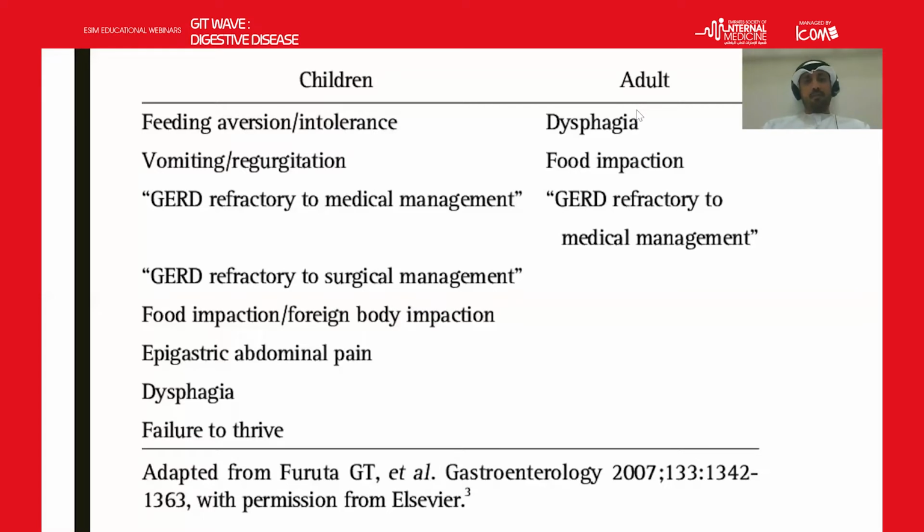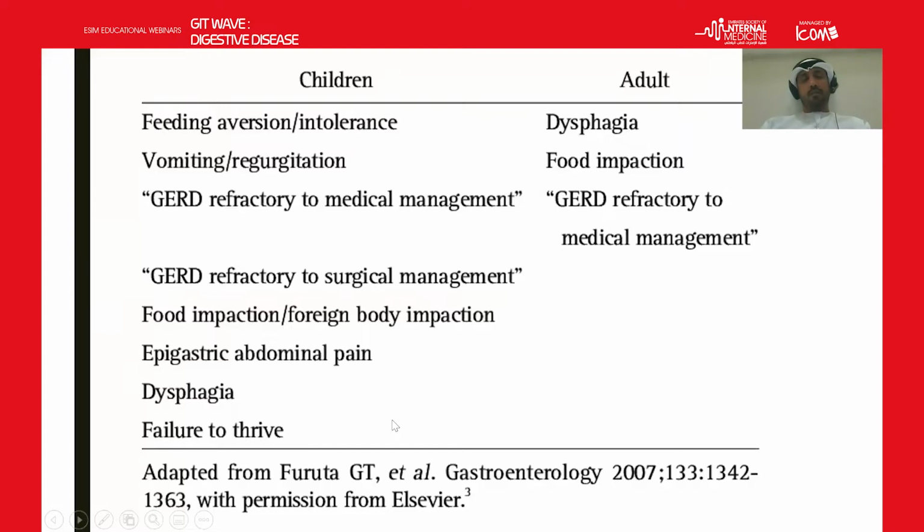So this slide also looks into what we can see. On the left side, we can see the symptoms we'll see in children, starting from feeding intolerance, vomiting, GERD, food impaction, dysphagia, and even failure to thrive.